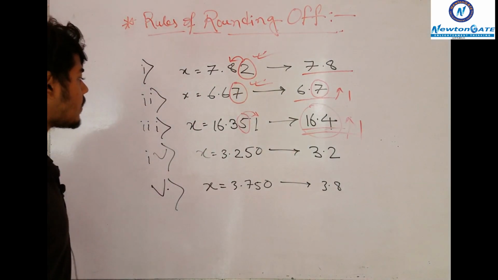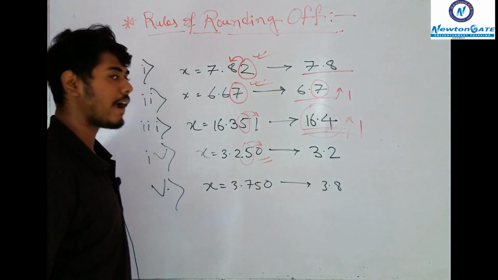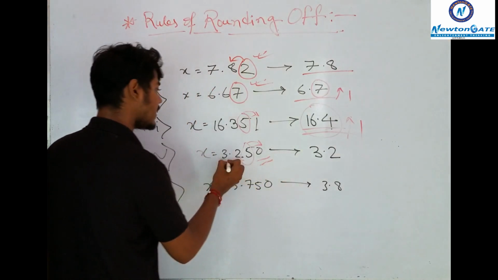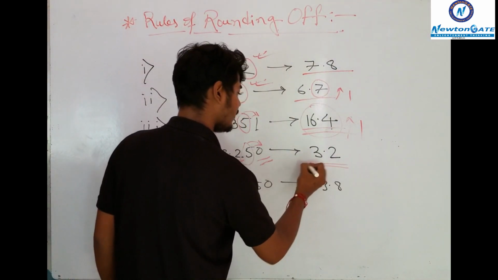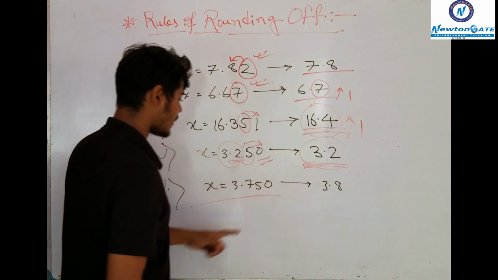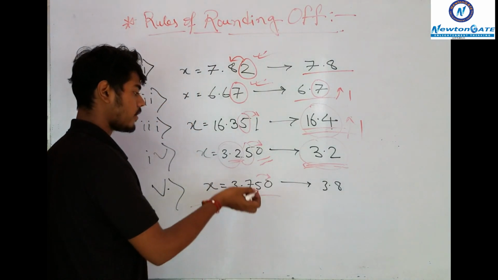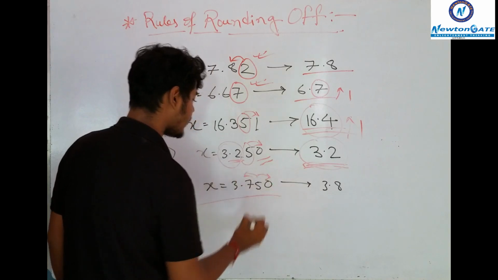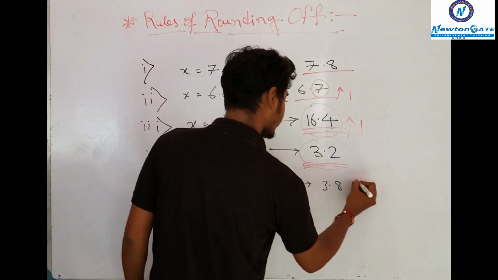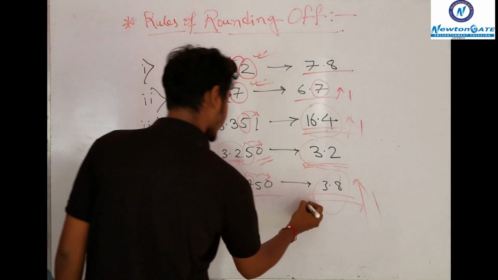In the fourth example, it is 5 but the digit after it is 0. Now we have to see whether the preceding digit is even or odd. If it is even, it is kept as it is. And in the last example, example number 5, x equals 3.750. The digit after 5 is 0, so you need to see the previous digit. The previous digit is 7, an odd number, so we increase it by 1. From 3.7 it becomes 3.8.